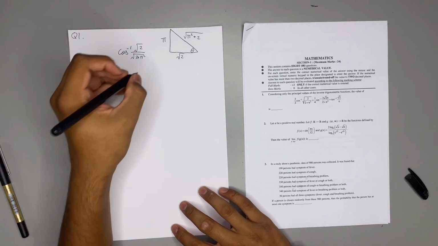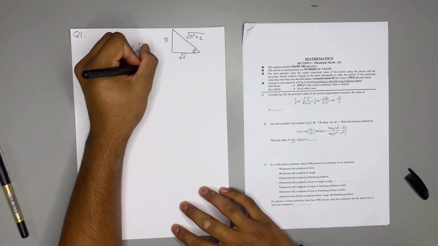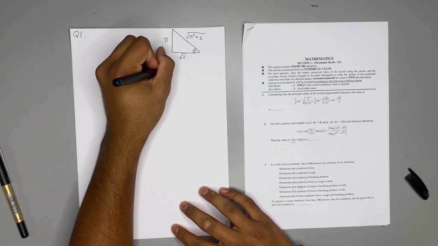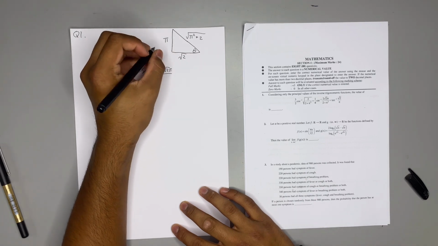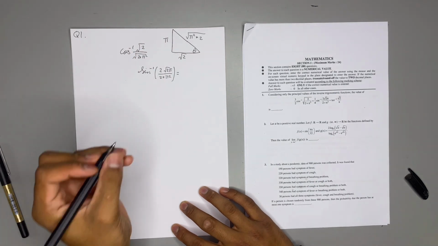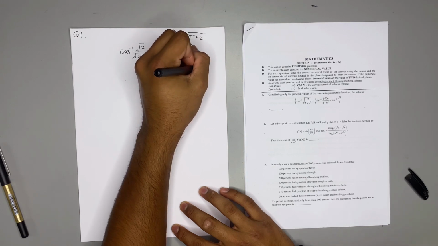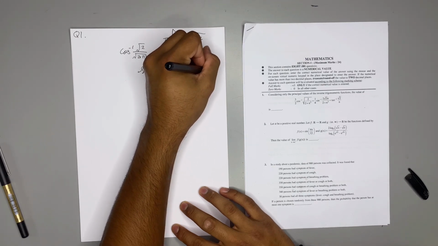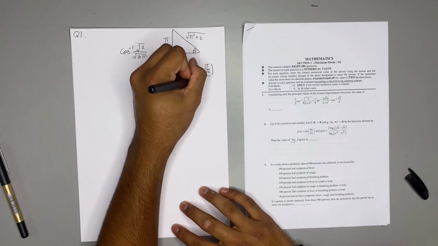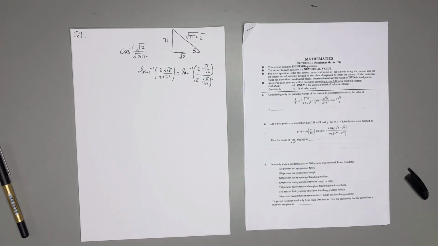Correct? Next step. Looking at this expression here, inverse sine of 2 root 2 pi all upon 2 plus pi squared can also equal to inverse sine of 2 dot pi on root 2 upon 1 plus pi on root 2 all squared.